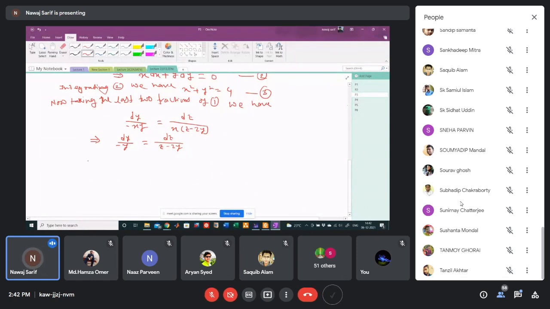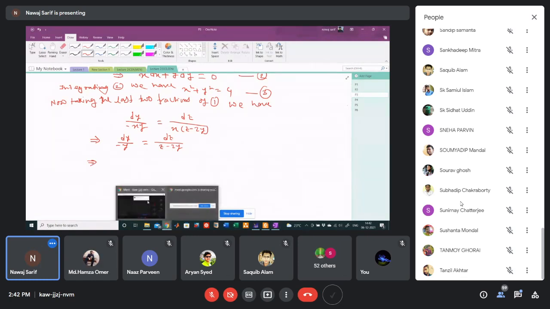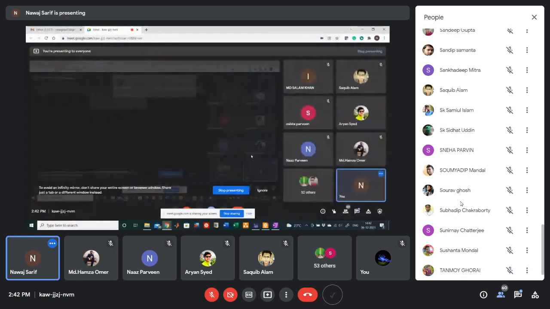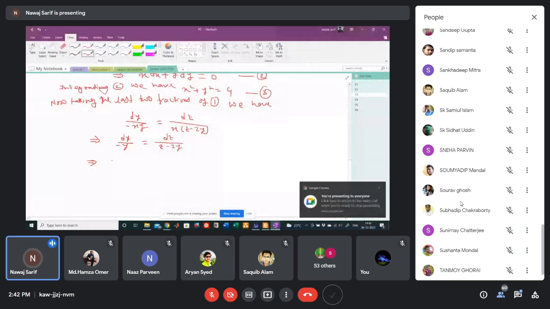Can you write this equation as dz by dy form?